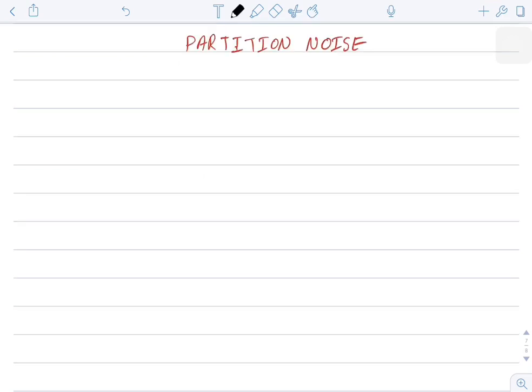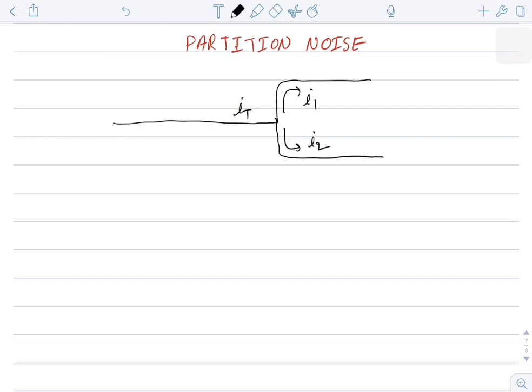Partition noise. This is due to partition of current. Let us say I have a connecting wire in a system and the current which is flowing up to here is only one. If I divide this current carrying conductor into two parts, then the total current which is available here will divide into two parts, I1 and I2.